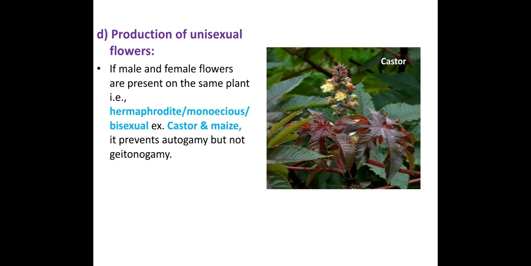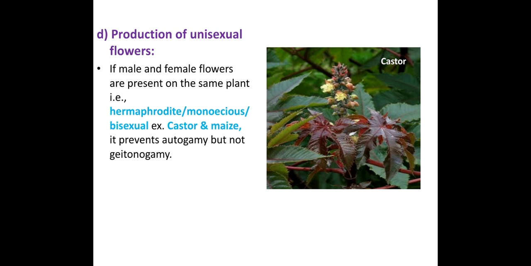So here we'll see two conditions. What are these two conditions? First is, if male and female flowers are present on the same plant. I said that if male and female reproductive parts are present on the same flower, then those flowers are called hermaphrodite flowers. Here, if male and female flowers are present on the same plant, that plant is called a monoecious plant.